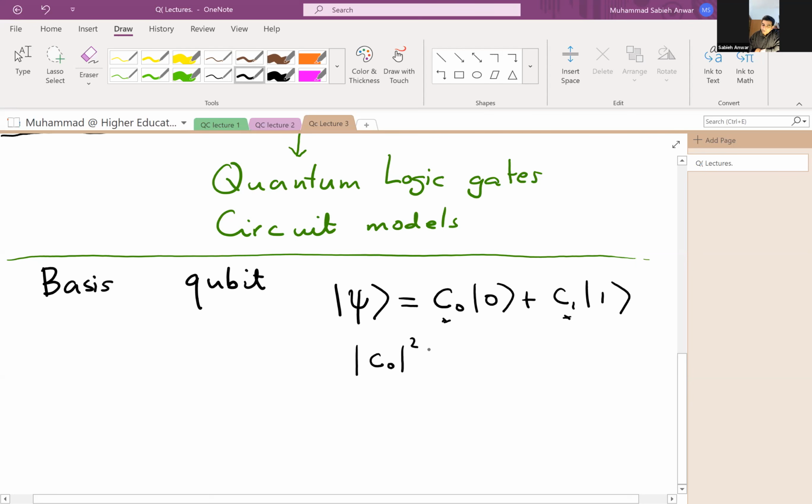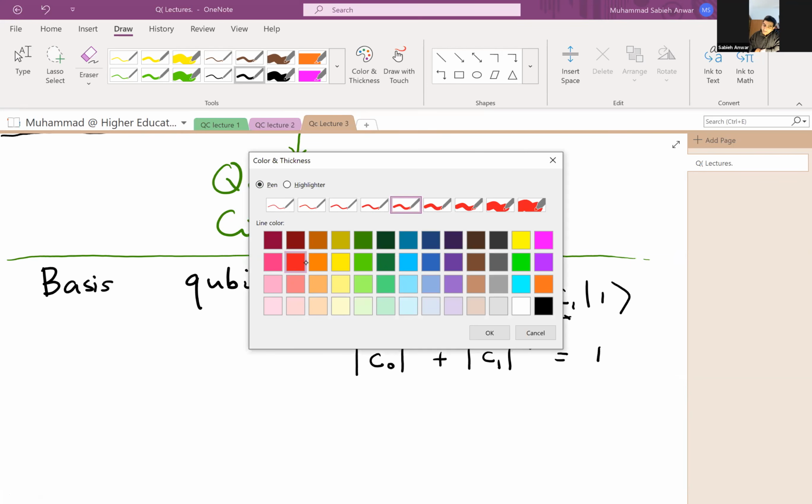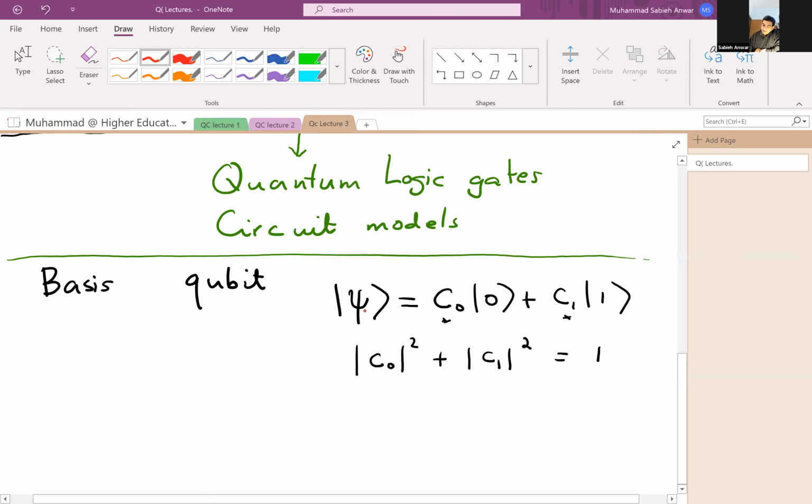That is, modulus C0 squared plus modulus C1 squared has to be equal to 1. And this comes out because of normalization. Now, there's something that you might notice here. That is, a general quantum state, psi, has been decomposed as a superposition of ket 0 and ket 1.